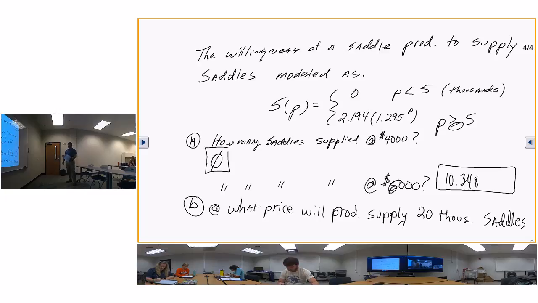But if you plug it in, you divide by 2.194. Then you'd have to use the natural log, so it might be easier to trace it. Somebody trace it on the graph and see what you get at 20,000, or 20, because that's what you would plug in.